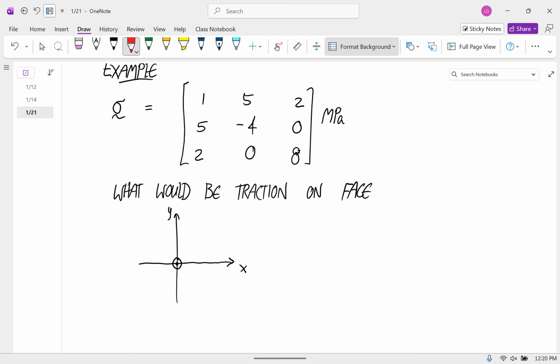And let's say the face that we want to consider is at an angle like this with material over on this side because we need to know which direction is outward facing from the material, where this angle is 60 degrees.